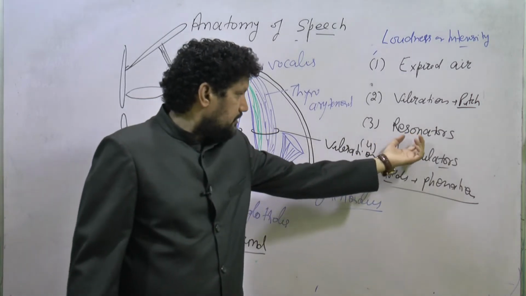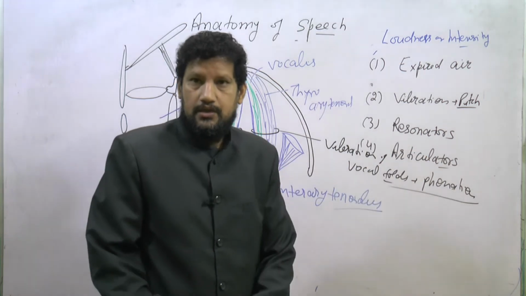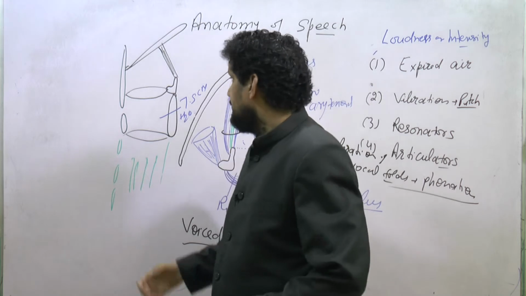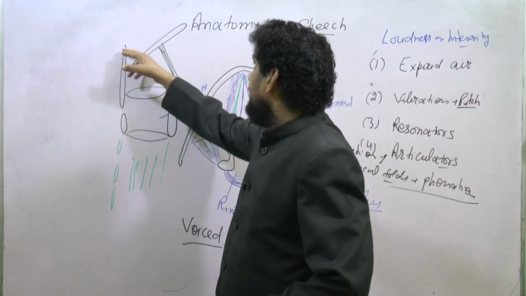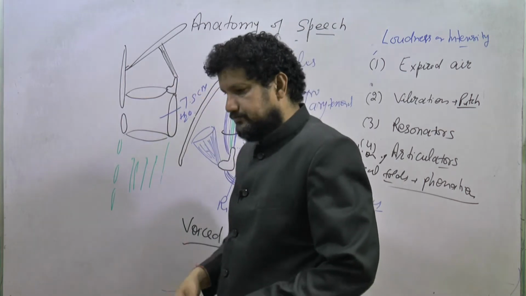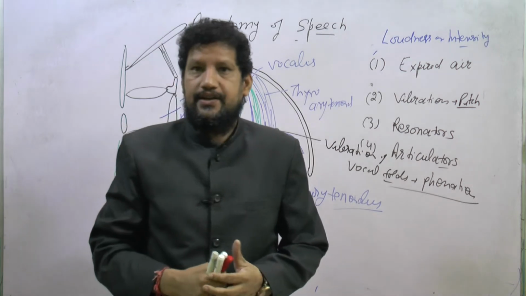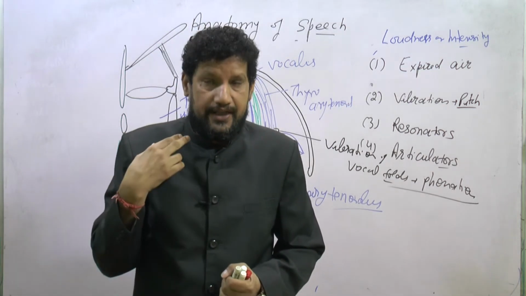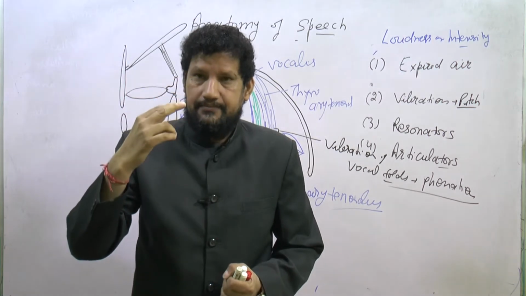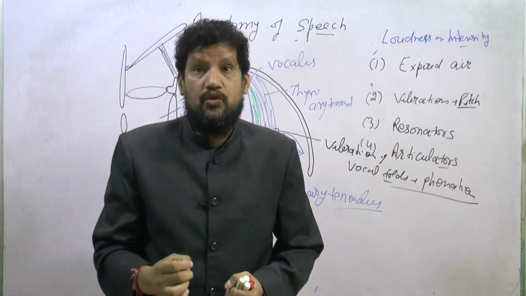The third process is the resonator. Resonators are formed by the air columns above the laryngeal inlet. Above the larynx, there is a tract which is formed by the pharynx, the oral cavity and the nasal cavity. This is the 17 centimeter supralaryngeal vocal tract.